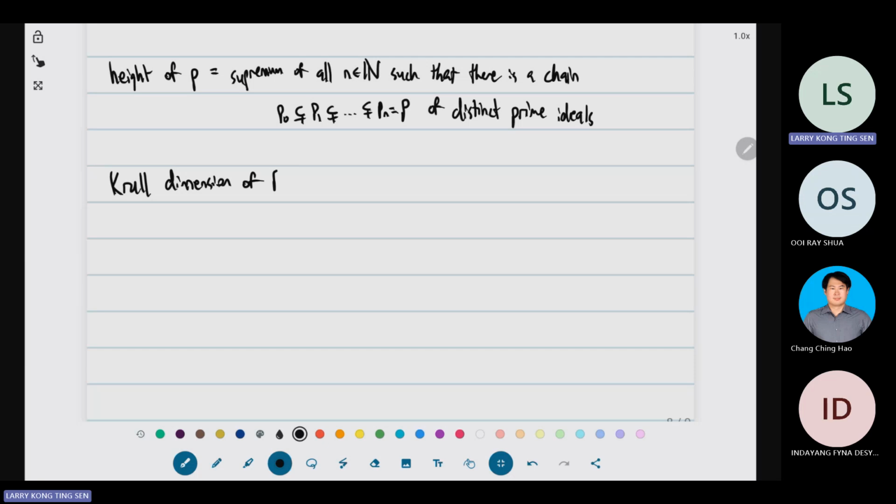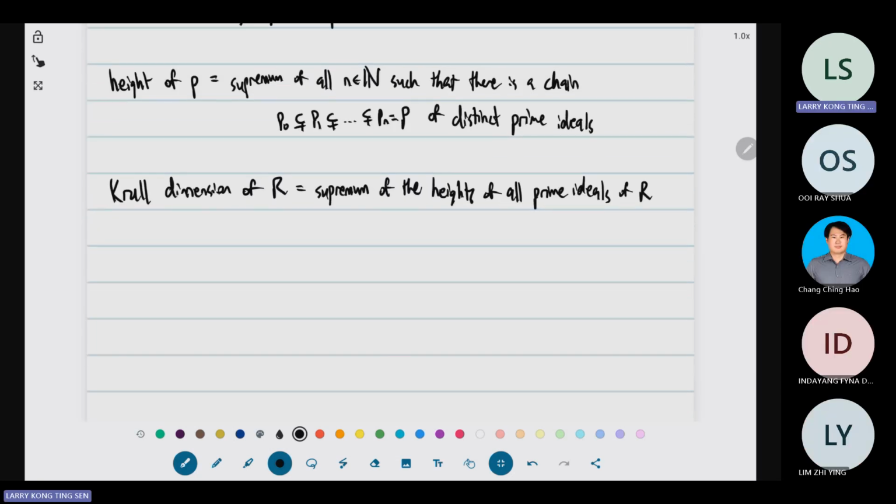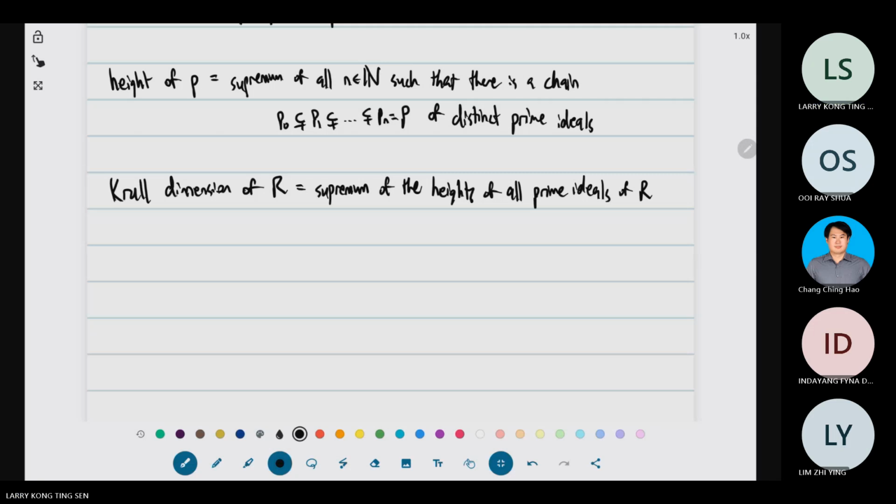The crude dimension of R is then just the supremum of the heights of all the prime ideals in R. So from a prime ideal, we define its height to be the longest possible chain, and then from there we define the crude dimension to be the longest among these heights of the prime ideals in there.